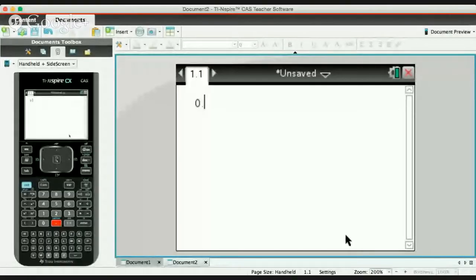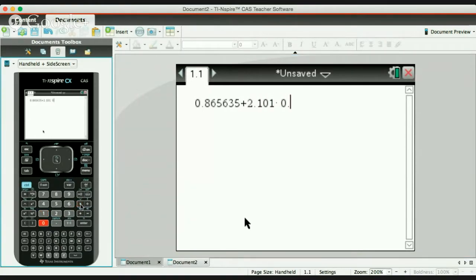Okay, so here is my calculator. I'm going to enter 0.865835. We're going to go plus first, 2.101 times 0.1045. And I get 1.086. Okay, that should be my high end.